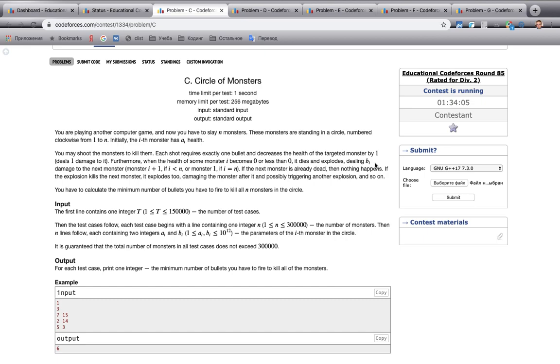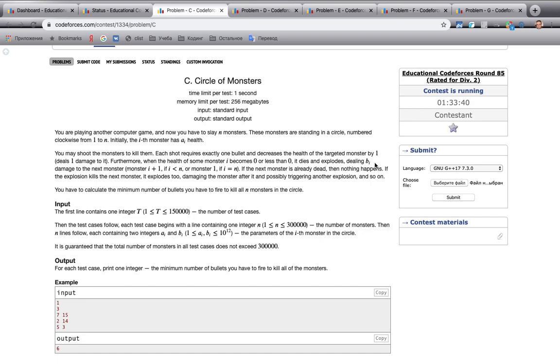It doesn't make sense to damage some monsters and then switch to the other monsters. Basically, the amount of damage we have to do is constant.